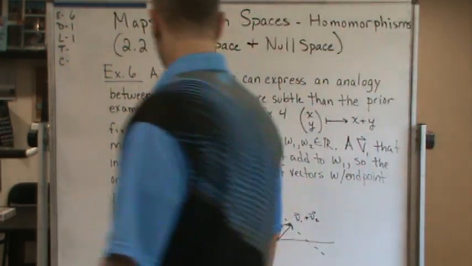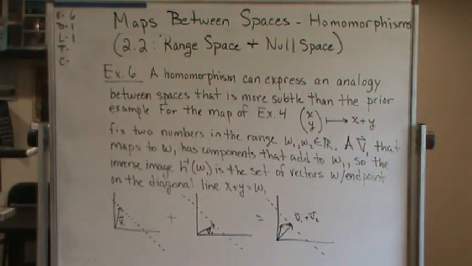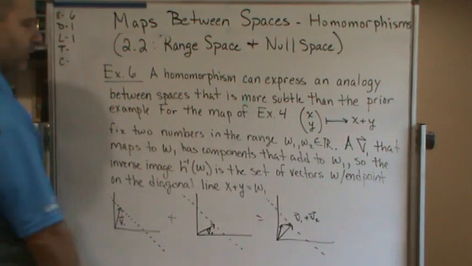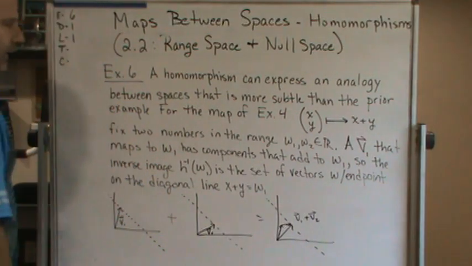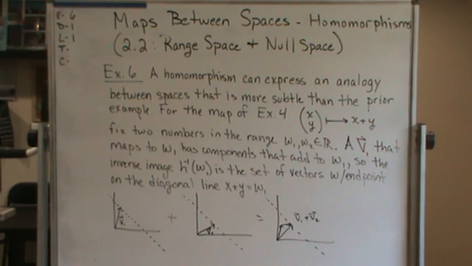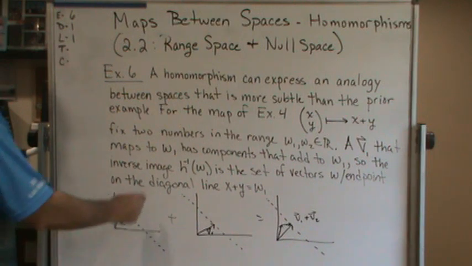So we take a vector in 2 space and we project it to a particular number in 1 space, the real number line. Now, if we fix any number in R, then there's a vector that maps to W1.